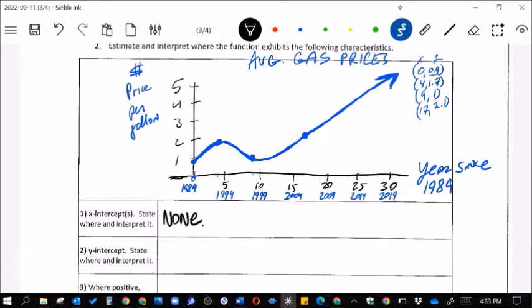All right, so that means something. What's that? To interpret it, since the price per gallon is positive here and the price is never negative, that means the price never goes below 0, which really makes sense.